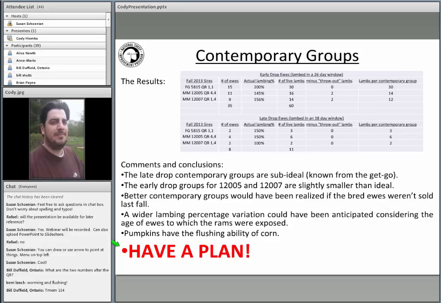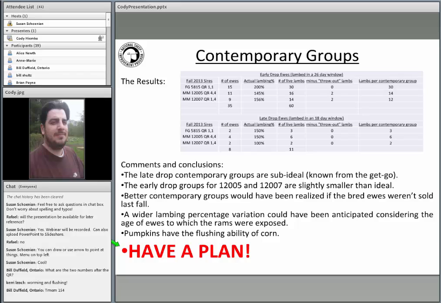He's done it over the years, and we took those 9 years of data this week, and we've been trying to fit them into the Pedigree Master system. And there were times where some of his contemporary groups got split due to age ranges. And he had mentioned that, I wish I had known 10 years ago when I was collecting this data what I was going to be doing with it now. So having a plan is a key.